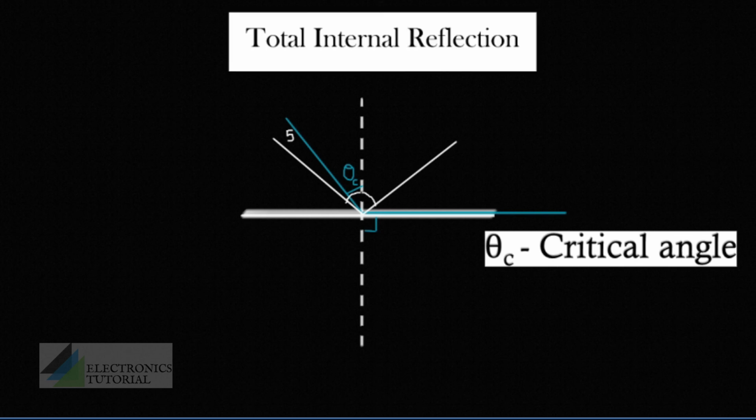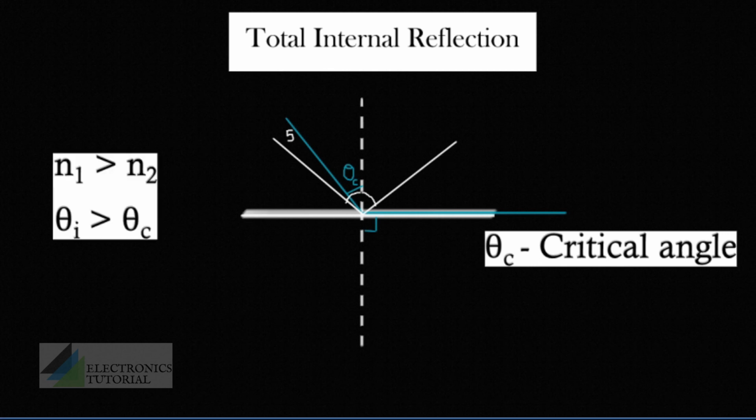So what we have seen here can be termed as total internal reflection. This is a refraction property, but it resembles a reflection property. The ray got refracted internally within the first medium itself, and that too showing the property of reflection. So it is termed as total internal reflection.